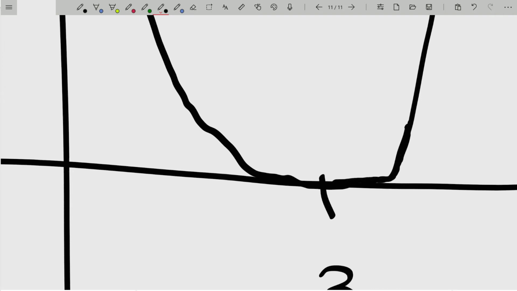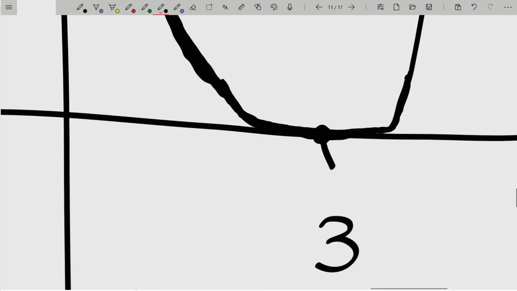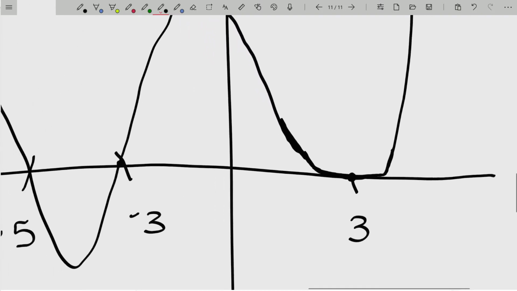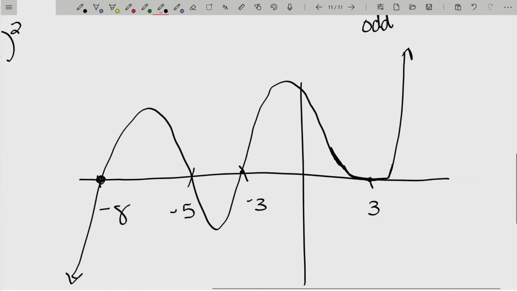I would argue that it doesn't look like a parabola as much as it looks like a really high degreed, even powered function. So I would say the multiplicity of 3 is not just even, but it might be a 4 or a 6, because if it were a parabola, it would go through nice and smooth, kind of a U shape. But because it gets really flat, I know that the even power is going to be higher, maybe a 4, a 6, an 8, or something like that.